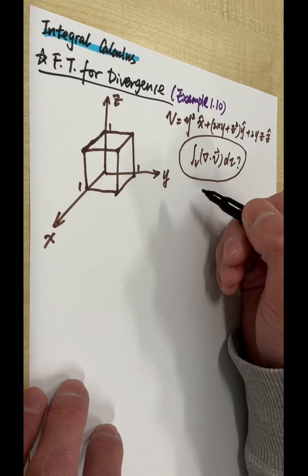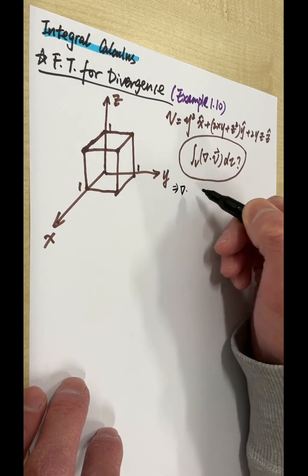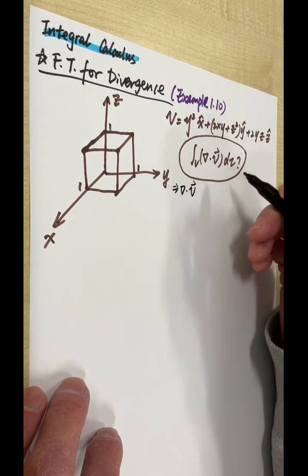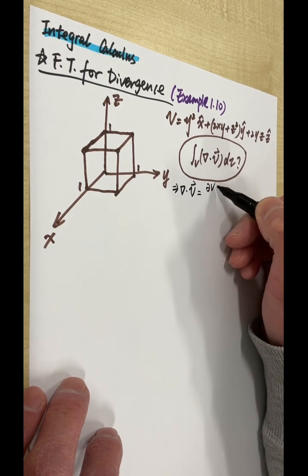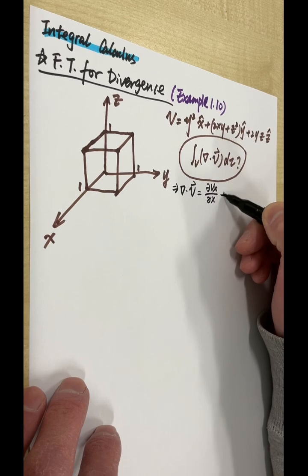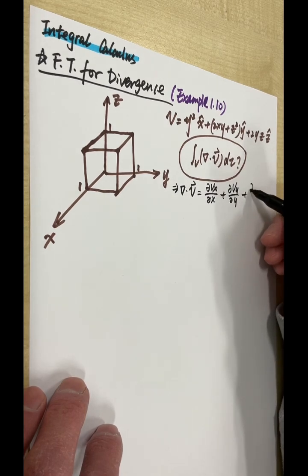The first step is to calculate the divergence, which is dvx/dx plus dvy/dy plus dvz/dz.